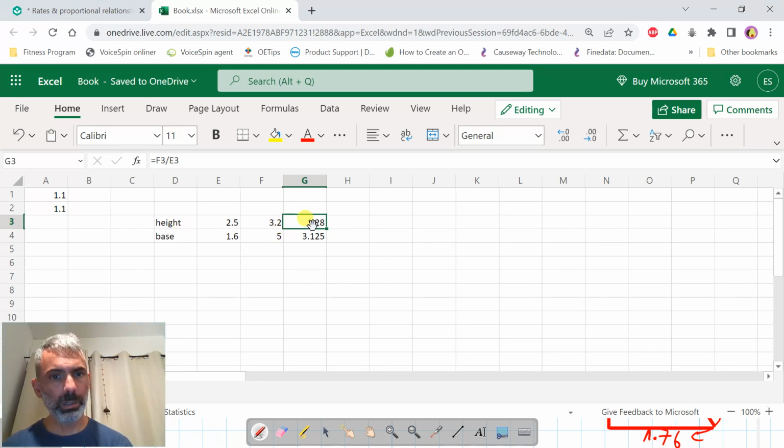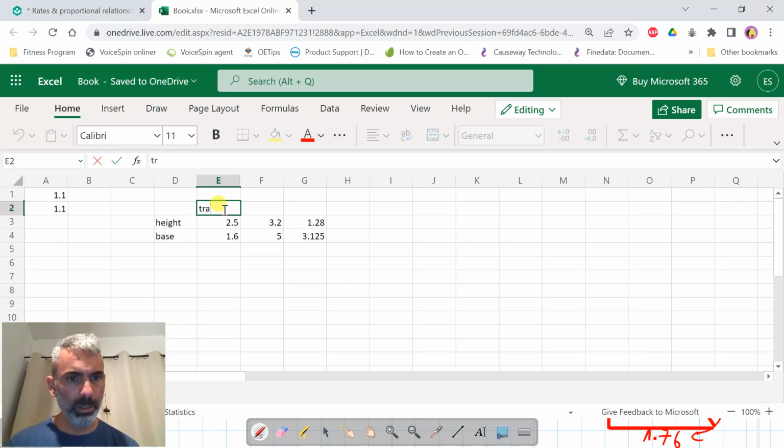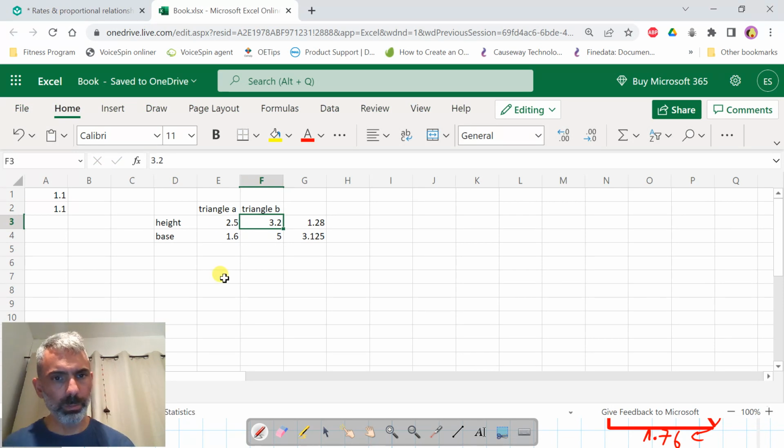The height increases by 1.28 and the base increases by a scale factor of 3.125. If the base is 1.6 and this is triangle A, and this is triangle B, so this cannot be triangle B.